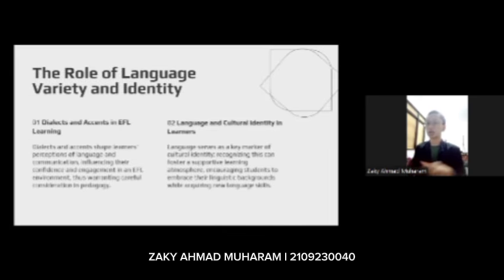Next, this is the role of language variety and identity. First, dialect and accent in EFL learning, and the second one is language and cultural identity in learners. First, dialect and accent shape learners' perceptions of language and communication, influencing their confidence and engagement in the EFL environment, and they also warrant careful consideration for pedagogy.